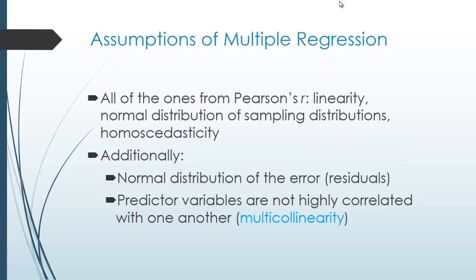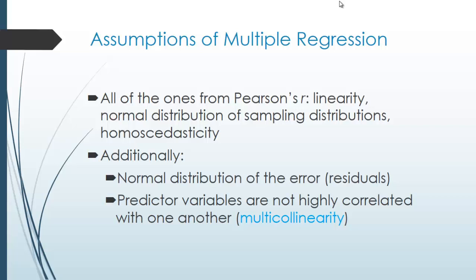Like any test, multiple regression has assumptions that must be met, otherwise the results may be inaccurate or error prone. So all of the assumptions from Pearson's R carry over to regression, whether it's a simple regression involving an independent and dependent variable, or whether it's a multiple regression that involves many independent predictors. So you must have a straight line relationship between the IV and the DV.